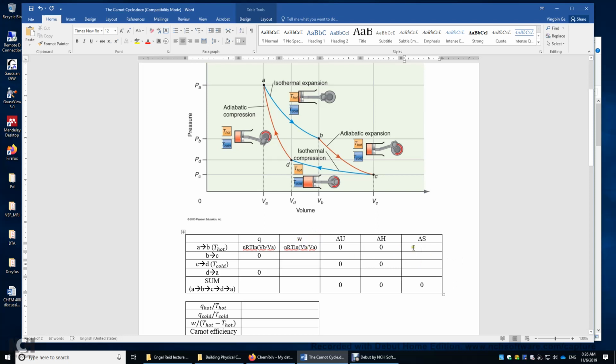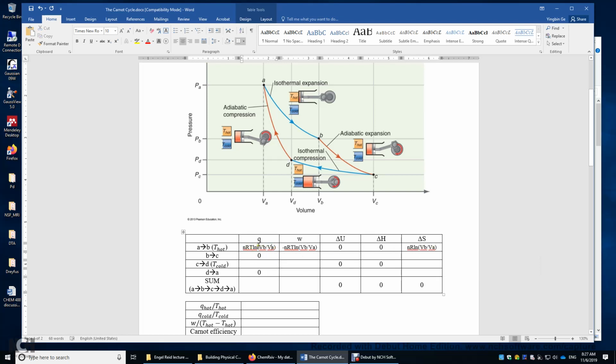So all we need to do is to integrate P dV over T. So P dV over T is nR dV over V, because P over T equals nR over V. So over here we simply have the entropy expressed as this. Just pay attention here, this expression differs from this expression by a factor of T.